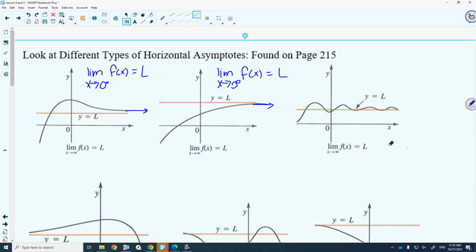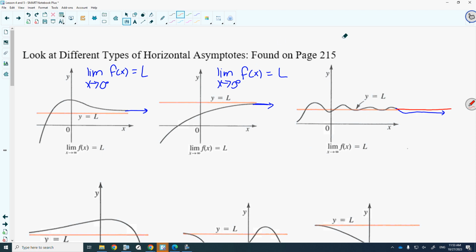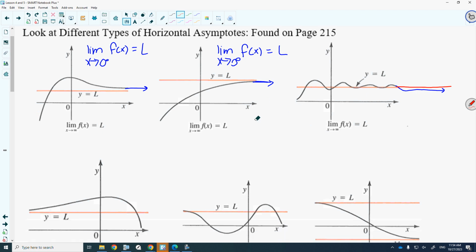But what happens is this graph, as it approaches infinity, it's probably going to do something like this, and it will eventually just keep approaching whatever that limit is. So it doesn't matter if it cuts it, as it approaches infinity, it approaches that limit.